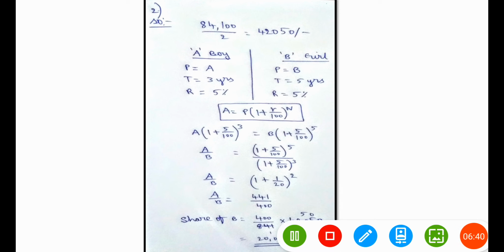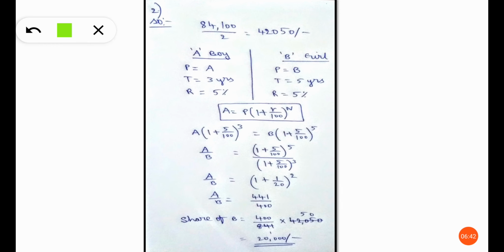And A by B equal to 1 plus 5 by 100 whole square. 1 by 20 plus 1, 21. 21 by 20 whole square. 21 square is 441 and 20 square is 400. 441 by 400. That means A's principal is 441 parts of the investment, B's principal is 400 parts of the investment.